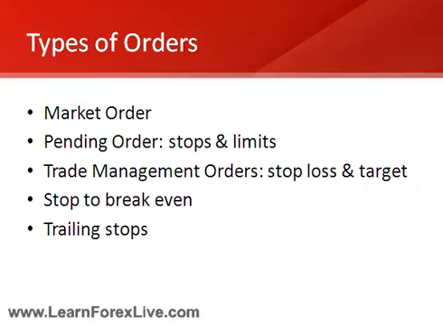Basically, what you are telling your broker is, yes, I want to buy the euro against the American dollar, but I'm not interested in getting involved in this market at the ongoing market price. I only want to buy at this other price of my choice. Okay. Actually, let me pull out my chart so we can drive the point home right away.